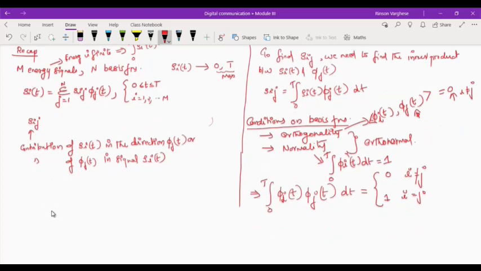Now as we have seen above, let me write this equation here again. Sij is equal to integral 0 to T Si of t phi j of t dt. What is this? Finding the contribution of each basis to this signal, or finding the contribution of the signal in each basis. This is, in a sense, a correlation.